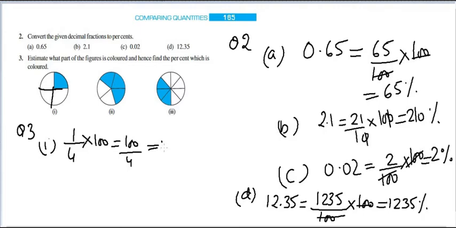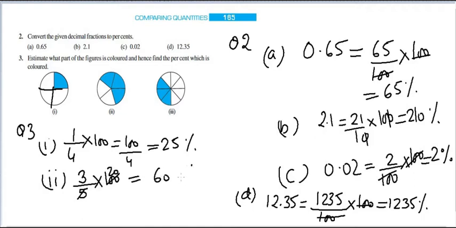So what do you get? 25, or 25 percent. Similarly, we can go for the second part also. Here again we can see 3 out of 5. We want percentage, so we divide it, you get 60%, second part.